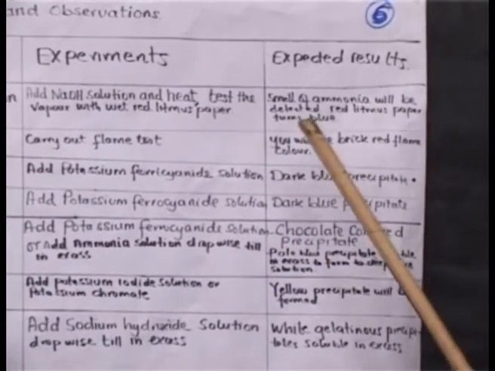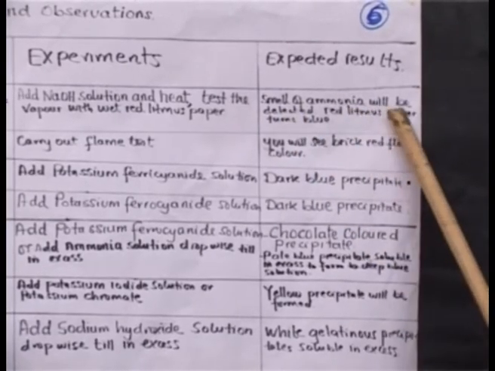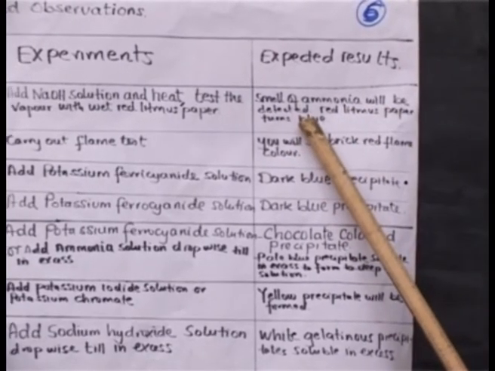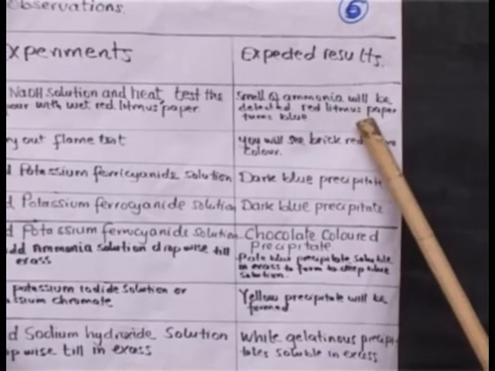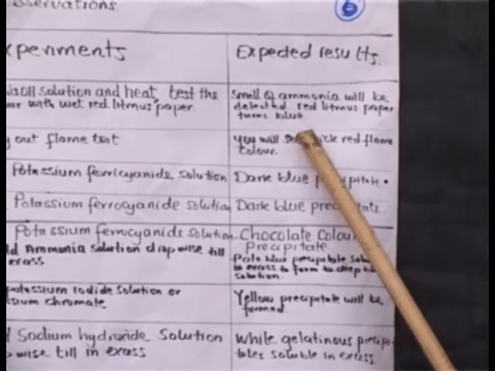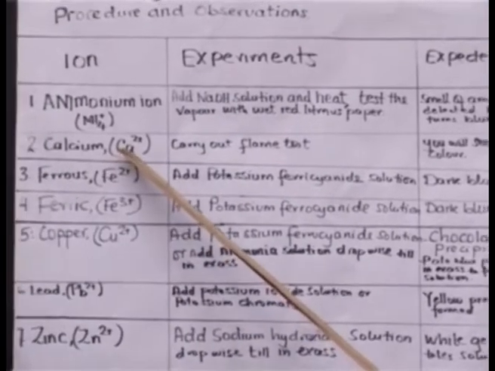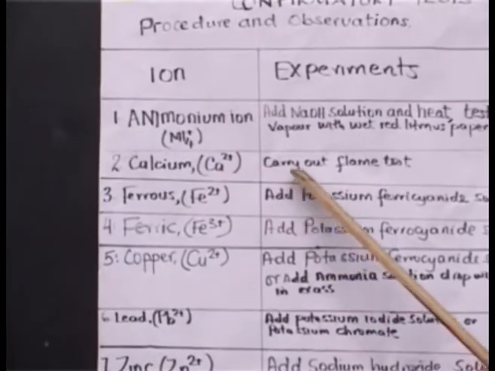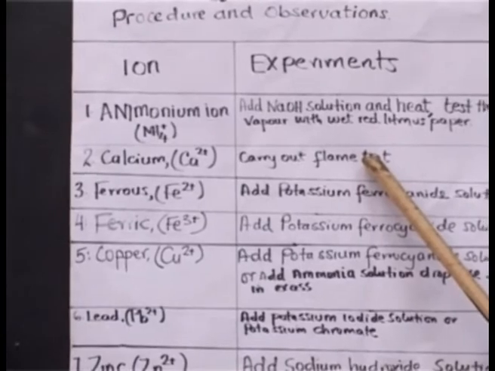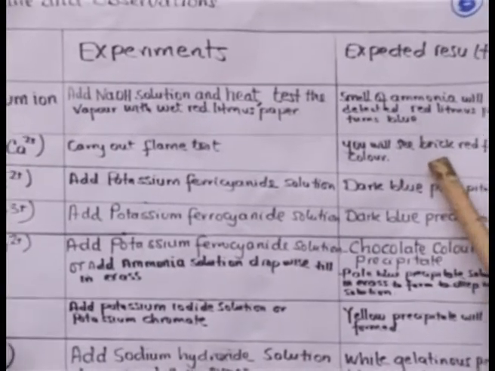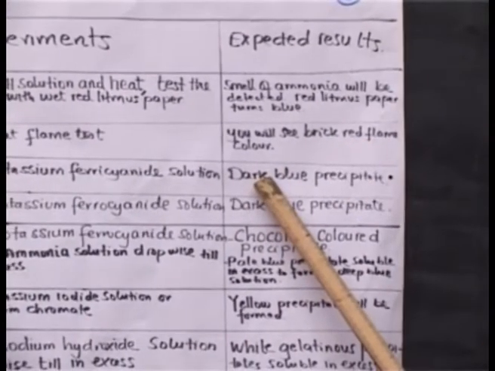Expected results: the smell of ammonia will be detected, and red litmus paper turns blue. To confirm calcium ion, you have to carry out a flame test. You will see a brick red flame color.